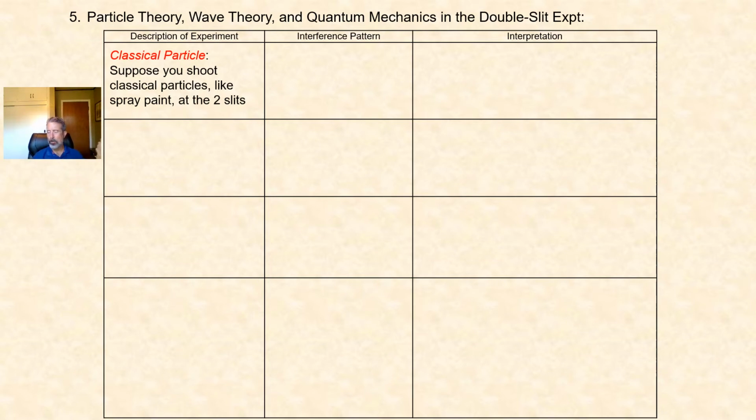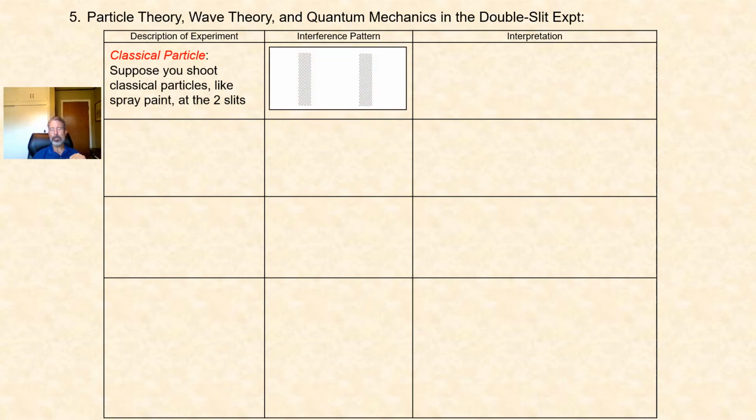When I say classical particles, think spray paint, maybe think COVID-19 spit molecules, if you like. So what would you expect to see behind the viewing screen if you shoot spray paint at these two slits? I don't think the answer is going to be surprising.